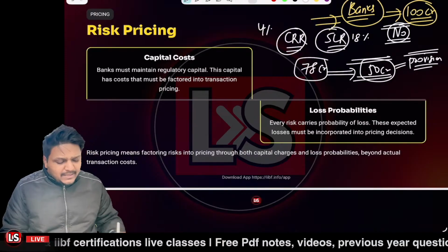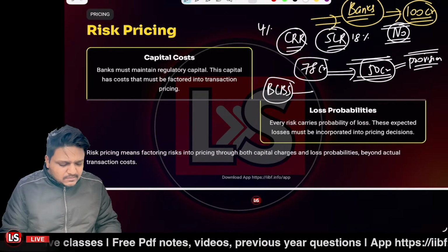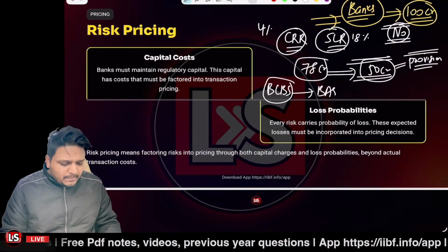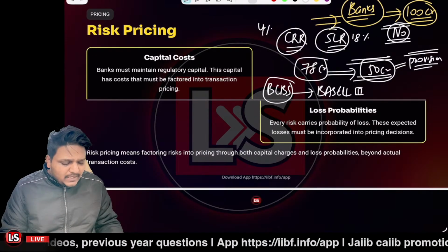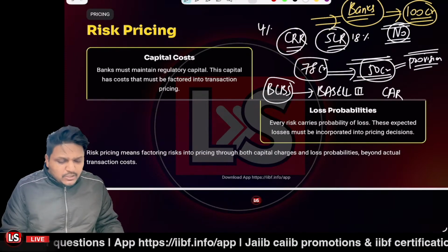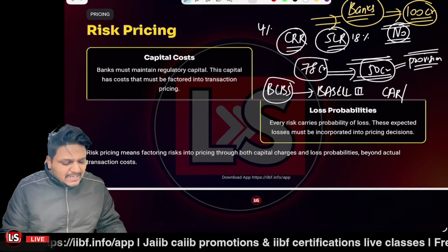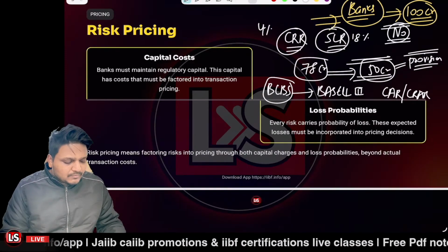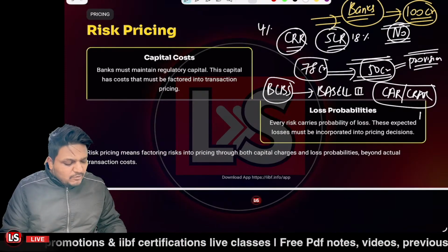More than that, as per the Basel Committee on Banking Supervision, BCBS, which gives the guidelines related to Basel 3, the banks are to maintain the capital adequacy ratio, or capital risk weighted asset ratio, which is a minimum of 11.5%.